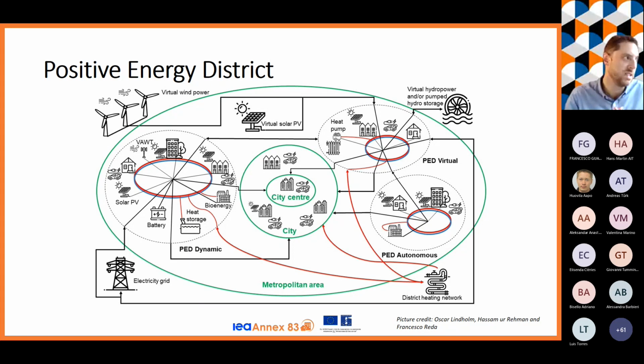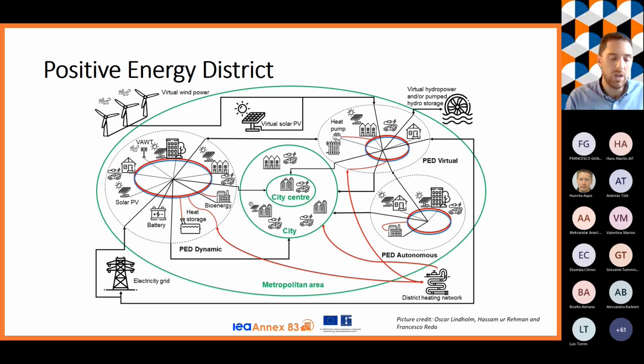Most cities are also responsible for climate change, since they are responsible for much of the carbon dioxide. I don't want to go into the numbers; I'm quite confident that you know them. Since we have this patient, a positive energy district might be a solution that finally allows cities to achieve the climate target that is asked and solve the problem.